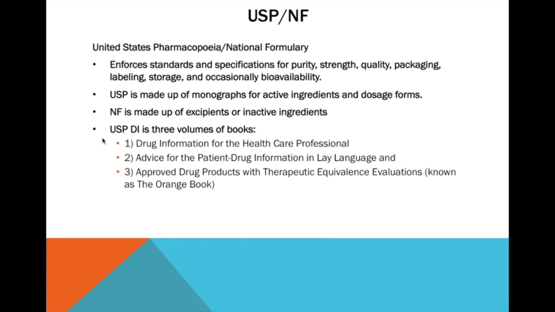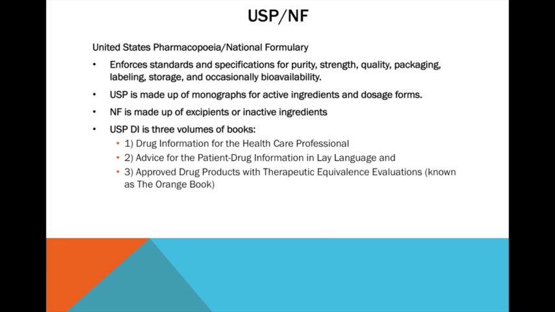Very important. The USP/NF is the United States Pharmacopoeia, or the National Formulary. This enforces standards and specifications for purity, strength, quality, packaging, labeling, storage, and occasionally bioavailability. USP is made up of monographs for active ingredients and dosage form.